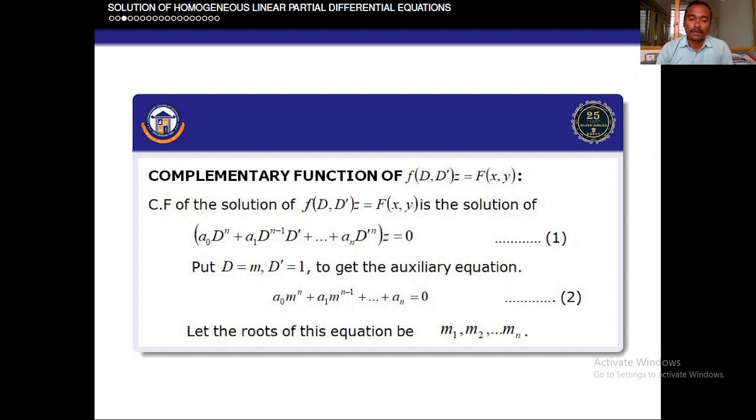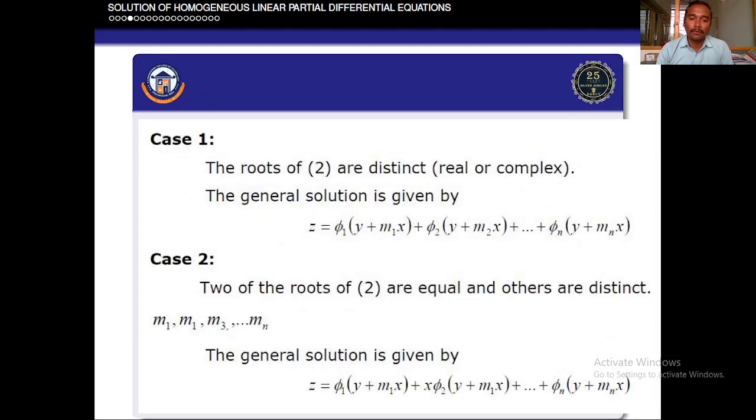Let us assume that the n roots are m1, m2, etc. mn. Based on the nature of these roots, we can write the different forms of complementary function for the given PDE. If the roots of the auxiliary equation are distinct, whether real or complex, then the general solution, that means complementary function, can be written as phi1 of y plus m1x plus phi2 of y plus m2x plus etc. phin of y plus mnx.